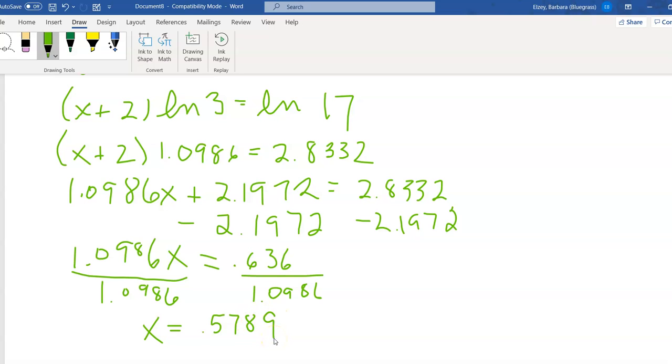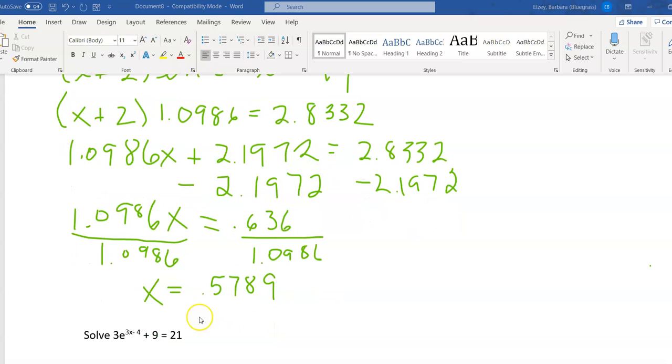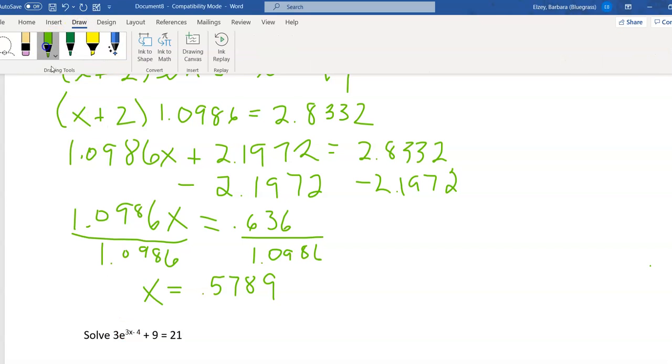All right, so let's look at a second example. So let's notice on this one, we know it's an exponential because we have a base, and then our x is in the exponent. All right, so let's just notice first, though, that this part right here is our base. We have the e, which remember is 2.718, and then its exponent.